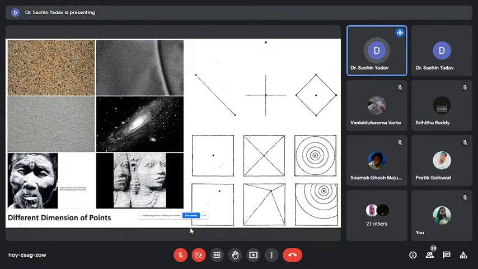So here in the images you can see the different kinds of dots in the universe, right? You can see the scale of the dot, visual scale, texture, dots in points in texture, right? Points in sculpture.